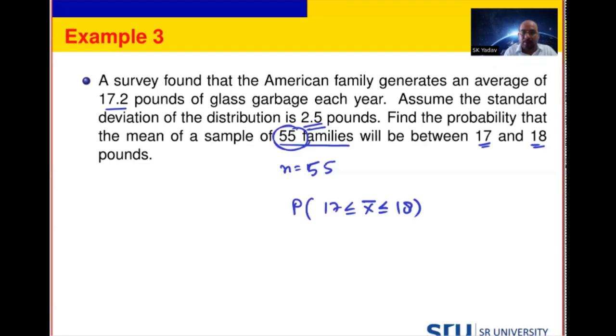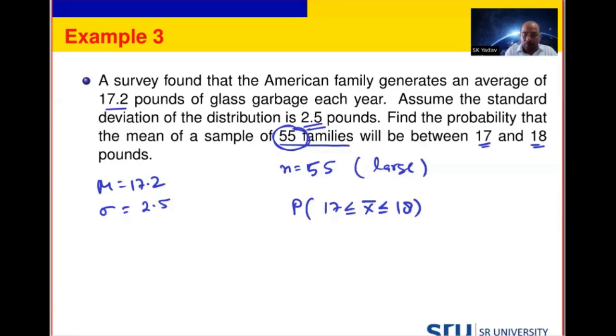On the population side, it is not given that the population distribution is normal, but the sample size is large enough, so you can apply the Central Limit Theorem. The mean is given as 17.2, sigma is given as 2.5.